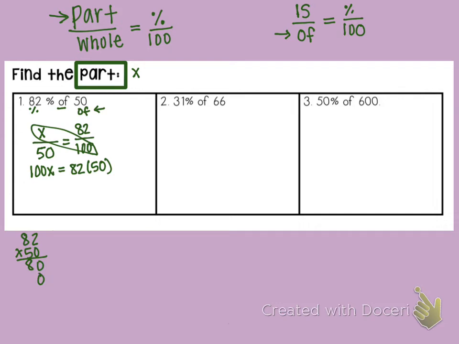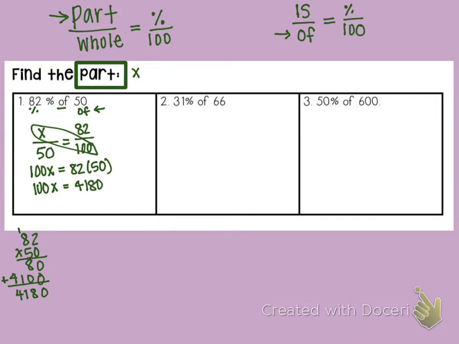Then we have 0 on the bottom. 5 times 2 is 10, and 5 times 8 is 40, plus 1 is 41. Okay, so 0 plus 0 is 0. 8 plus 0 is 8. 1, 4. So now we have 100x equals 4,180.